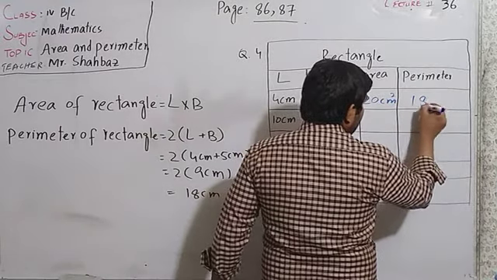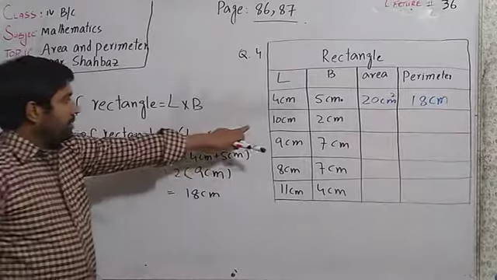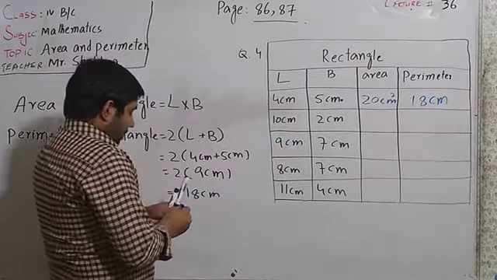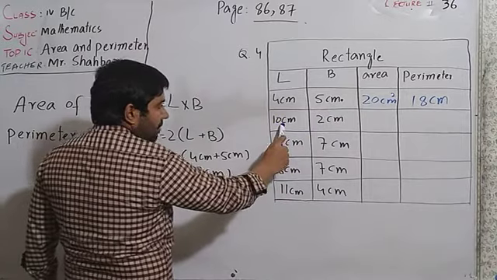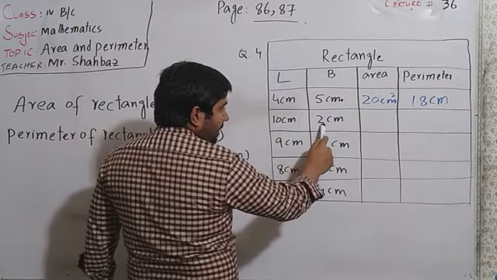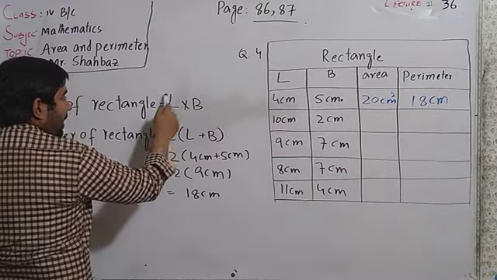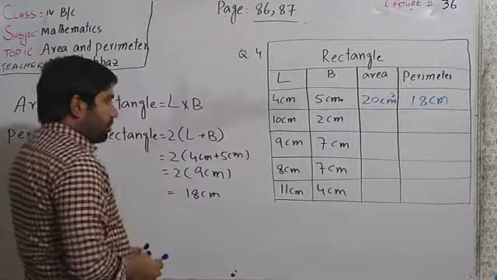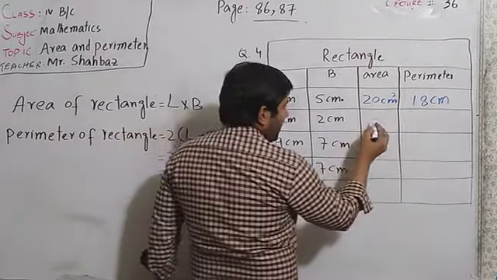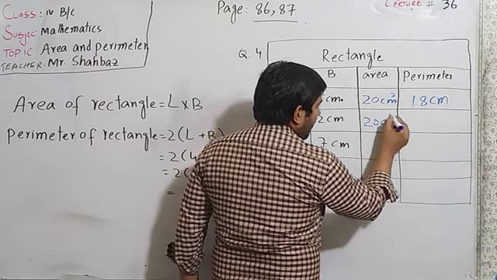Now you can do this easily. So here we find the area of this one. Length 10 centimeter and breadth is 2 centimeter. Area is, you know, length multiplied by breadth. So we multiply 10 with 2. 10 2s are 20 centimeter square.